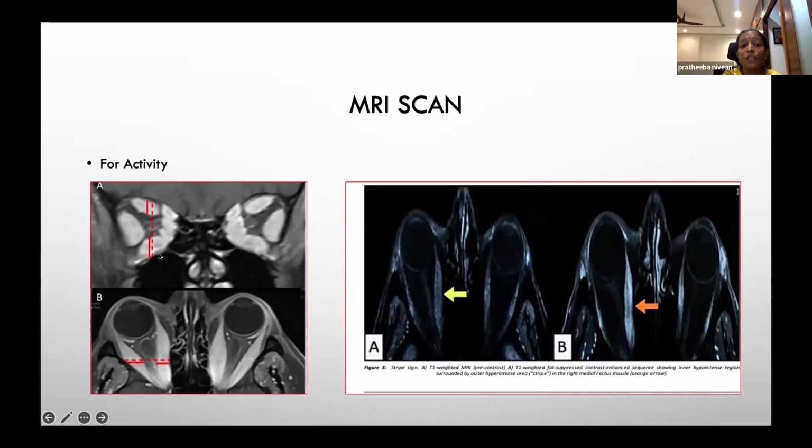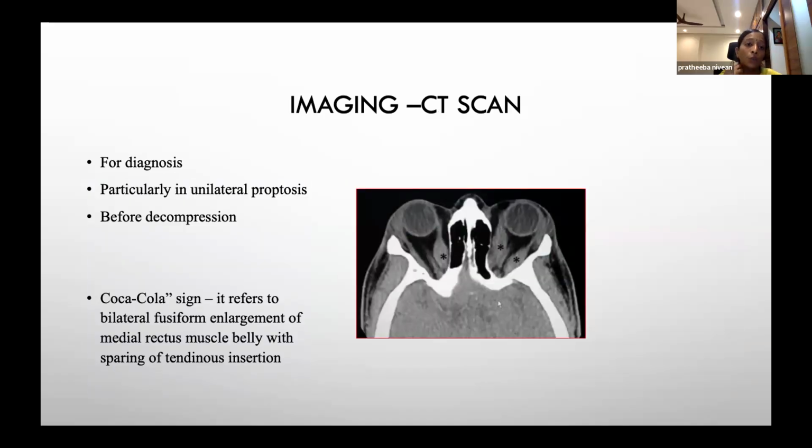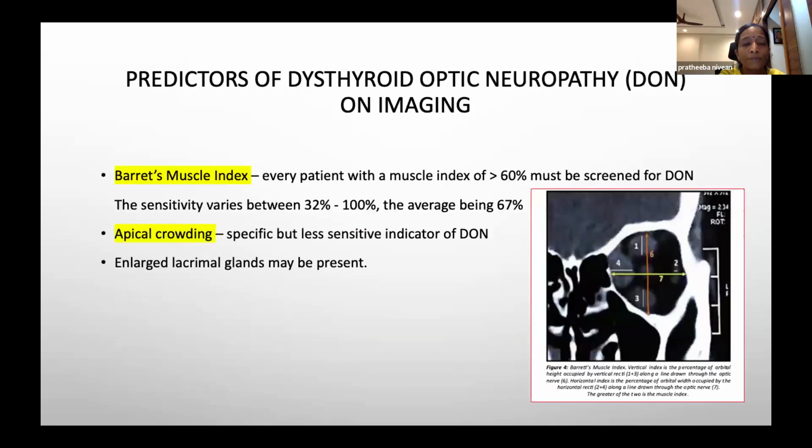If it is more than 60% of the total distance, then there is a chance of dysthyroid optic neuropathy. So as I told, CT is not the imaging of choice. MRI is the imaging of choice, but we do CT for diagnosing in unilateral cases when the patient cannot afford it, just for the sake of diagnosis. And before any decompression, we can do a CT. And yes, the predictors of dysthyroid optic neuropathy are the Barrett's index, which I told you, and the apical crowding.